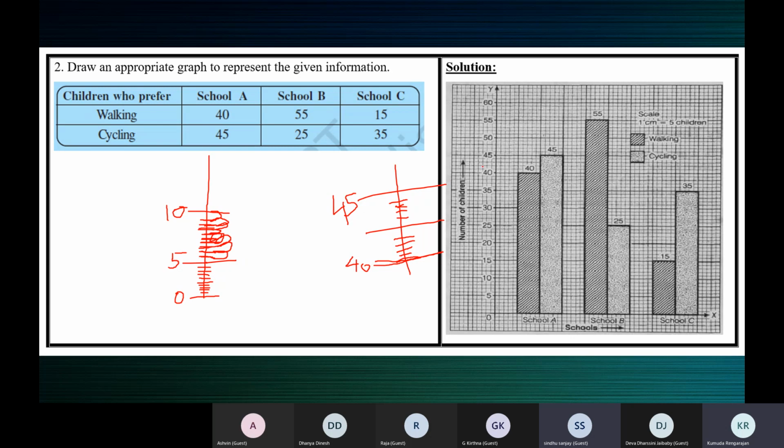I'm talking with respect to your book, not this one here. In our graph notebook, you will find divisions like this. Thank you, ma'am. You're welcome.